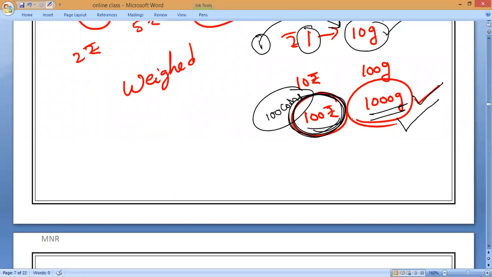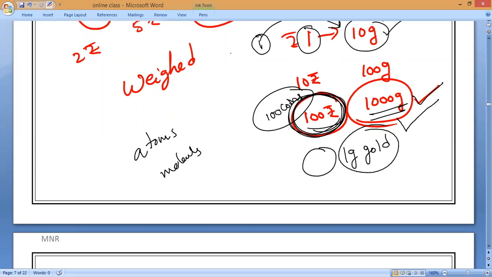In the same way it comes to atoms and molecules also. Understanding? Atoms and molecules. Tell me, for example, I have given you 1 gram of gold. Now I will ask you to count the atoms. Is it possible to count the atoms?